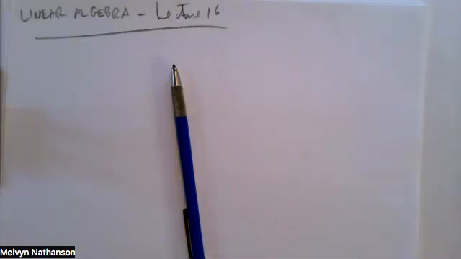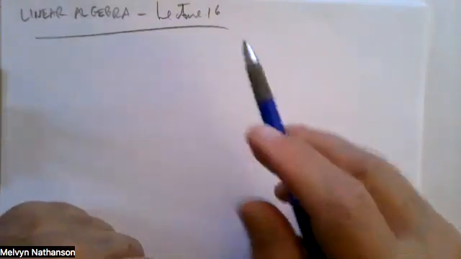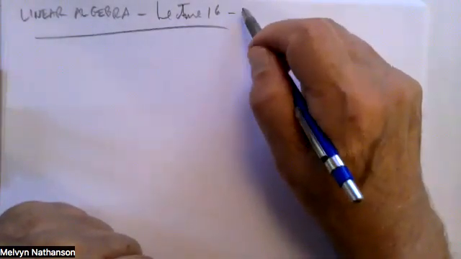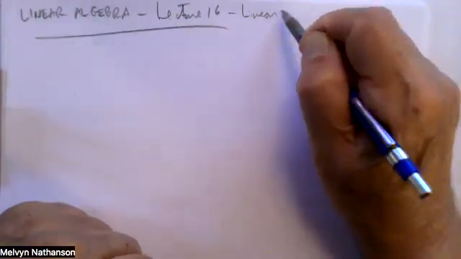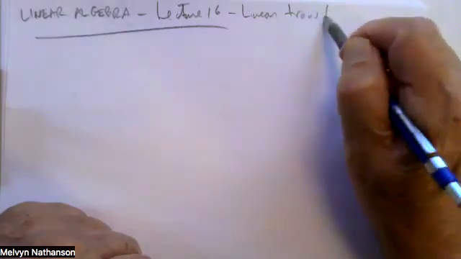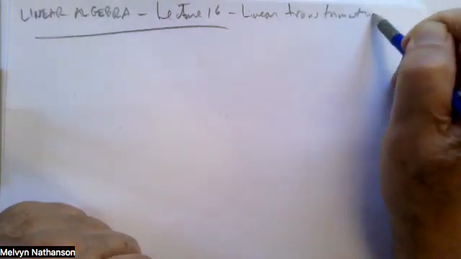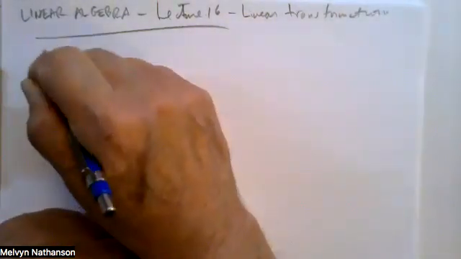So this is Linear Algebra Lecture 16, and the very last section of the chapter on matrices is an introduction to linear transformations.